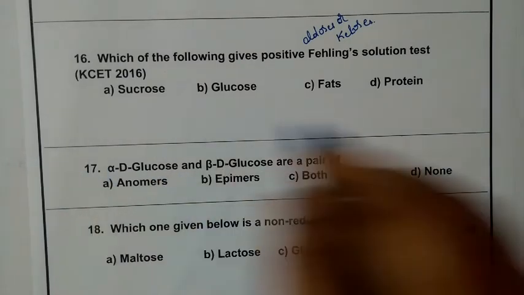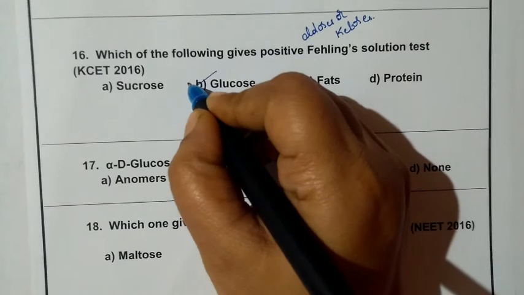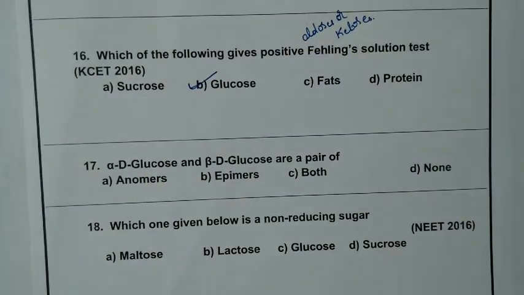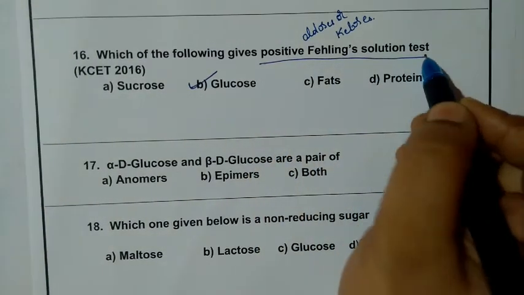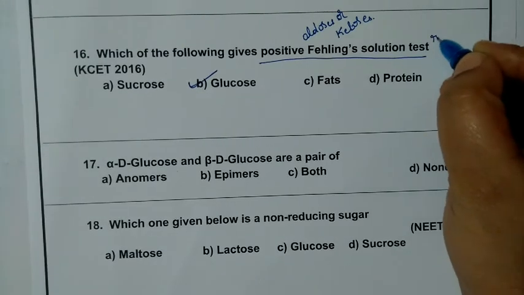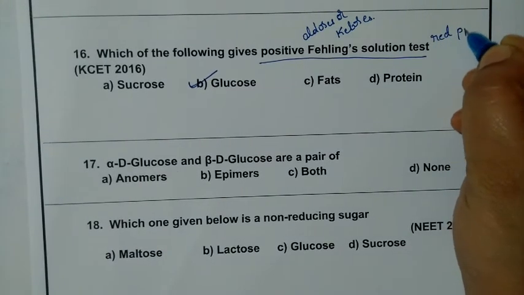So among these four, only glucose contains an aldehydic group, so it will give a positive Fehling's solution test. A positive Fehling's solution test is nothing but the formation of a red precipitate.